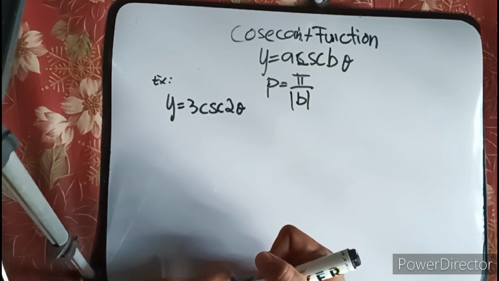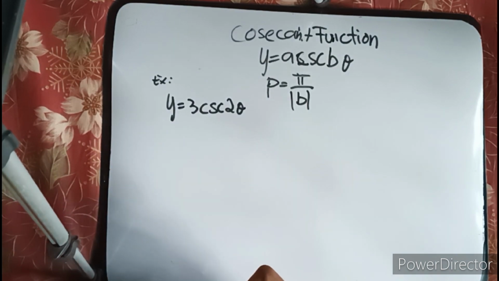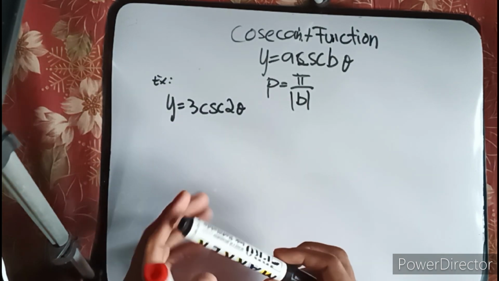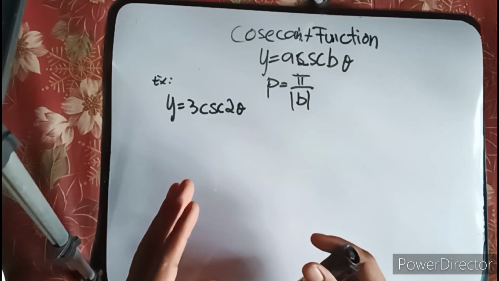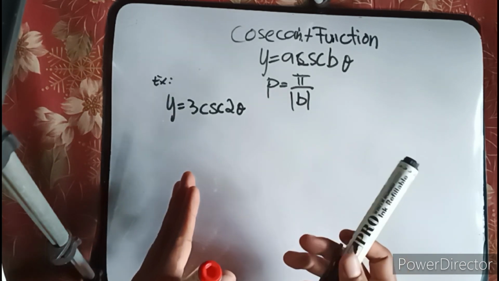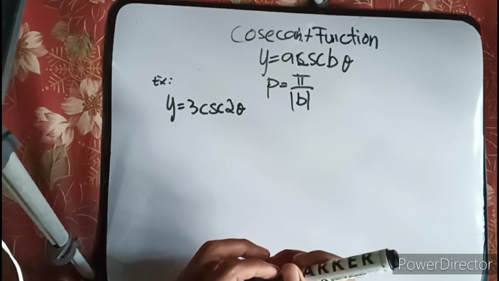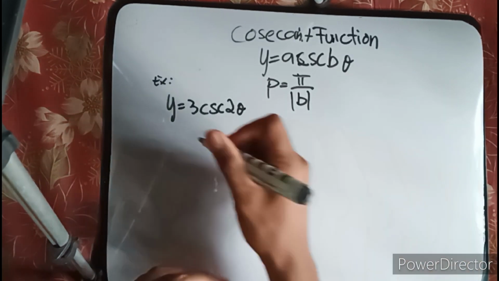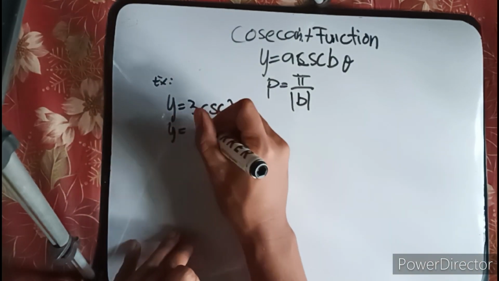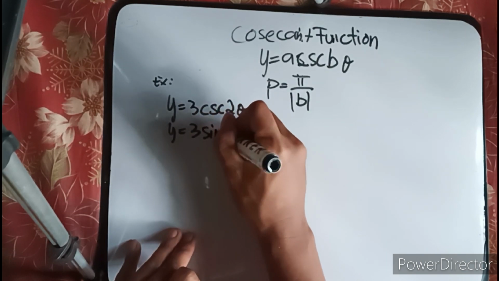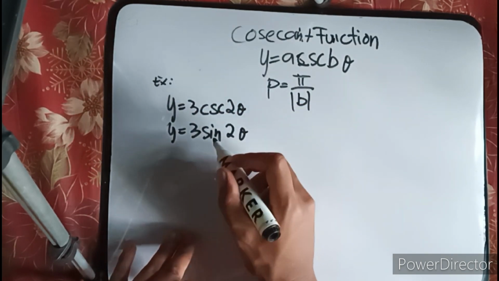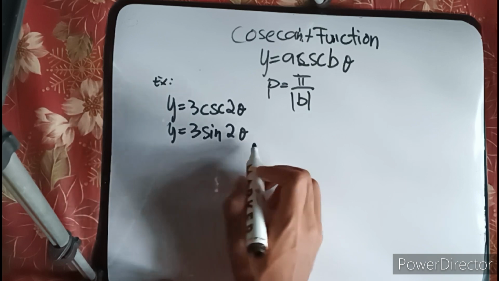So we have here an example. We know that cosecant is the reciprocal of sine. So y is equal to 3 cosecant 2 theta, and first, we are going to graph the sine function.